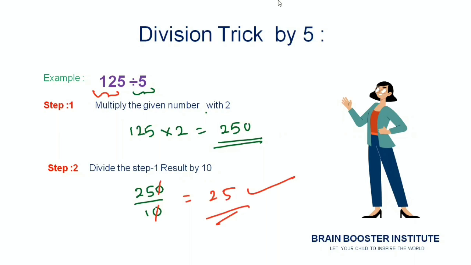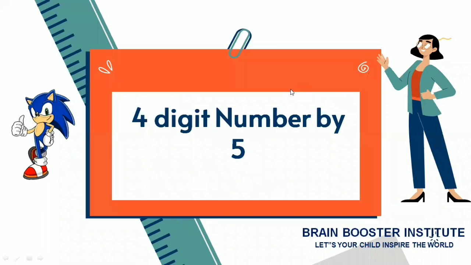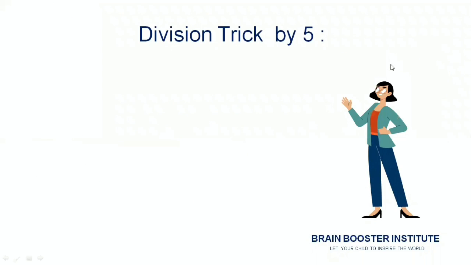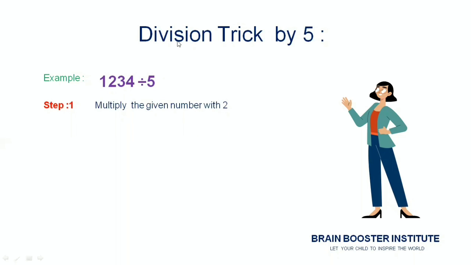Now let's go with another example. Let's see, my dear friends, a 4-digit number divided by 5. So I'm taking a 4-digit number here: 1234 divided by 5. Now step 1, multiply the given number by 2.